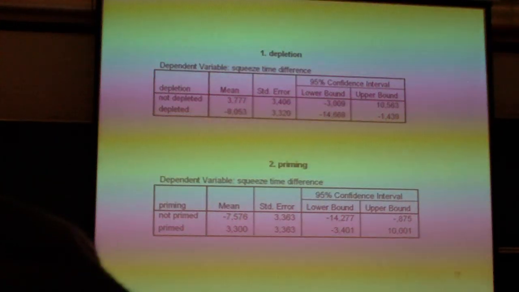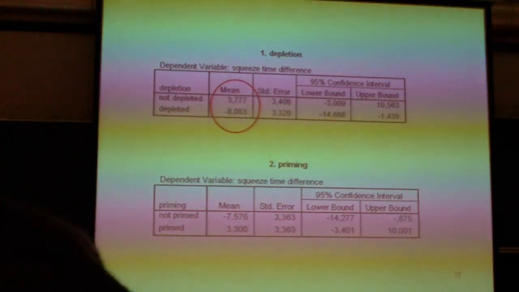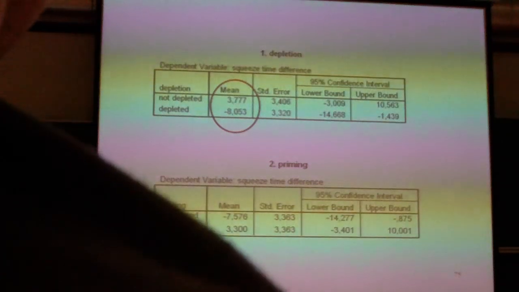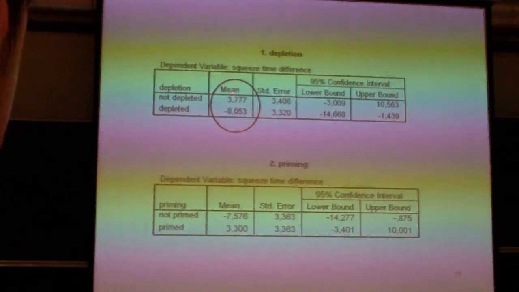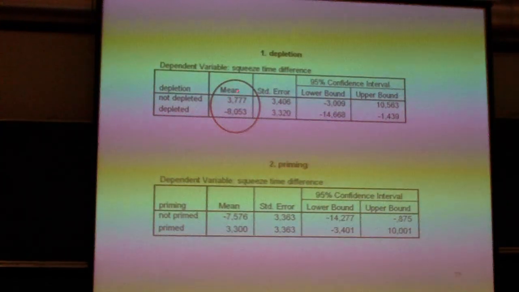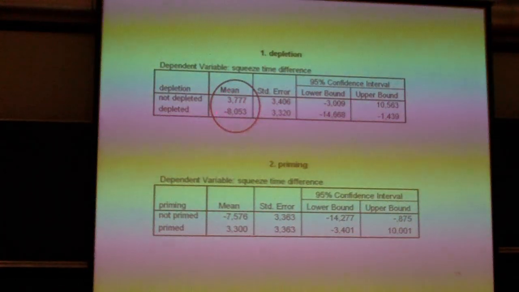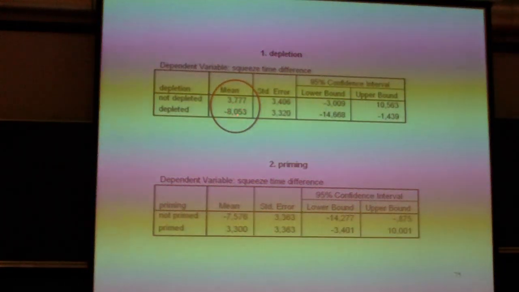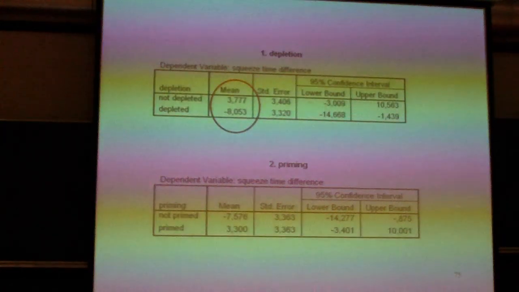Okay, here we see the difference between the means for the two difficulty or depletion groups. You can see that those who had the easy labyrinth on average had a difference between pre-test and post-test squeeze of about 4 seconds positive, whereas if you were faced with difficult labyrinths, you had a difference of about -8 seconds.